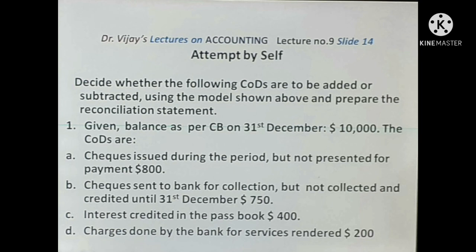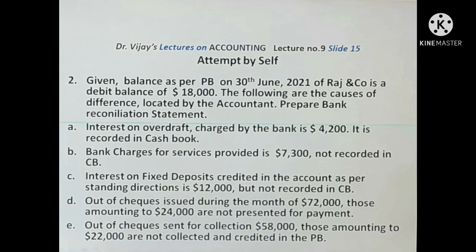Now, slide 14 gives a problem to be tried by yourself. Please try it. The given balance is as per cash book on that December, $10,000. 4 CODs are given. Prepare the model for each and find out which ones are to be added and which ones to be subtracted, and prepare the statement. Slide 15 again gives a problem to be tried by yourself.